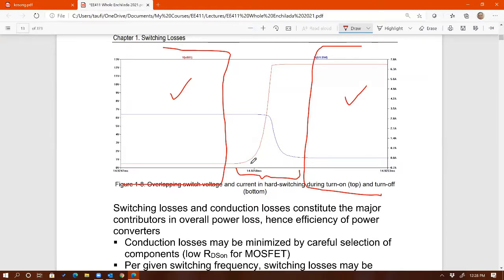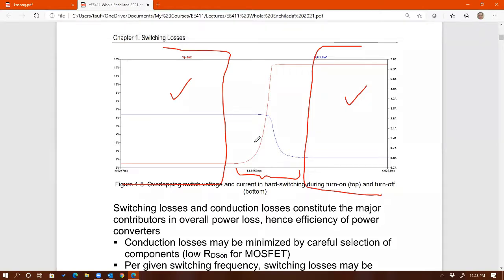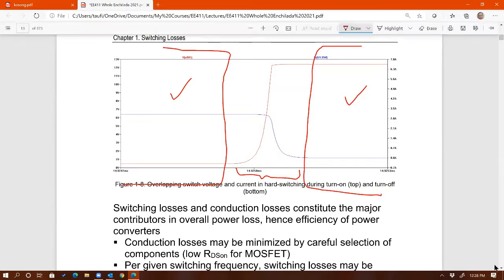And again, you have the overlap between the two. And as I said earlier, if you have an overlapping waveform between voltage and current, then we got a problem. We got power loss. And if you multiply that by delta t, then we have energy that is not being used by our load. So that's not good. As you learned from EE411, we want all the energy supplied by the source to be delivered to the load. So here's a portion of the energy from the source that is not being used by the load.